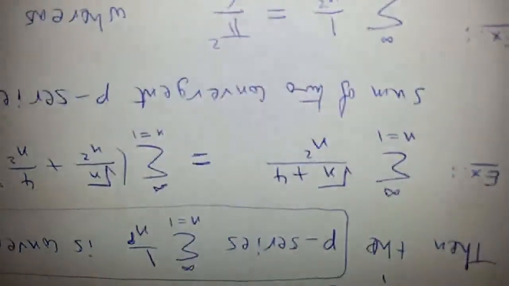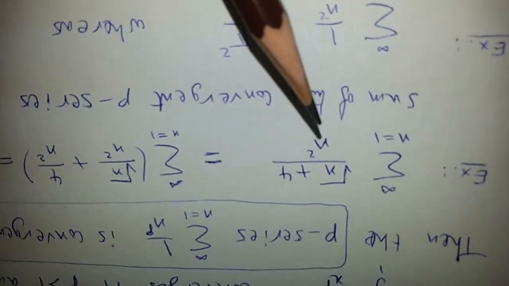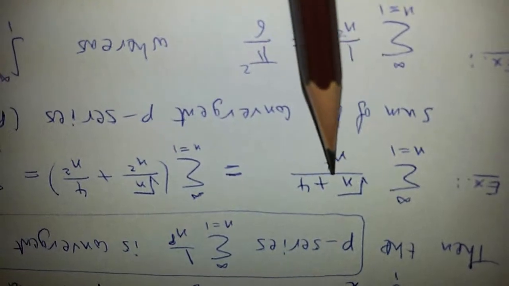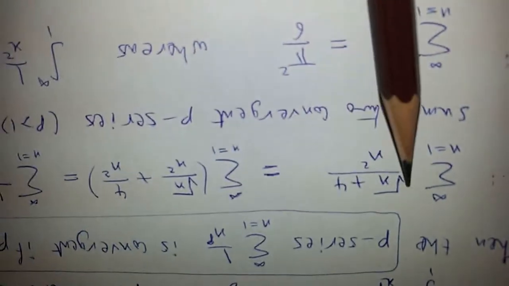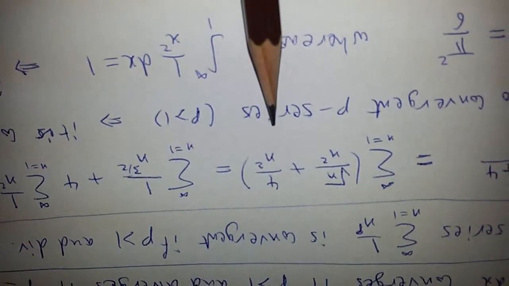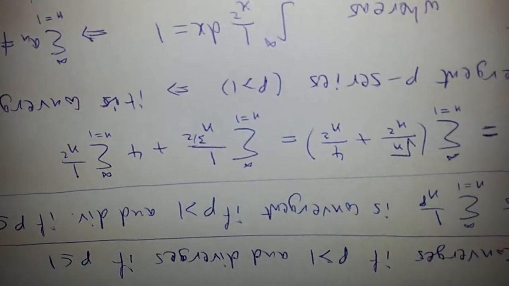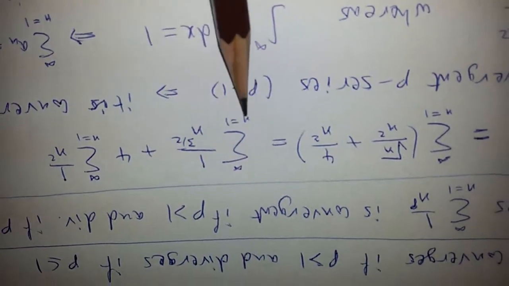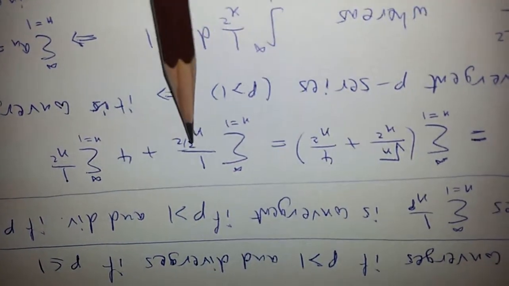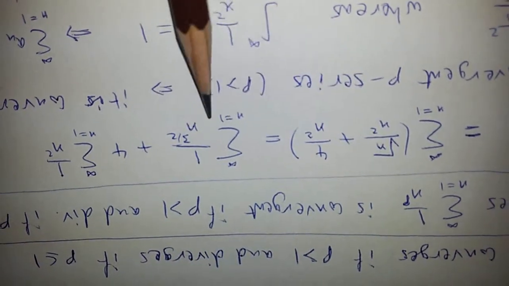So for example, to determine whether this series is convergent or divergent, I'll separate it and write it as square root of n over n squared plus 4 over n squared. Subtract the powers, so this is 1 over n to the power 3 over 2, and now this is a p series with p equal to 1.5, greater than 1, so this is a convergent p series.